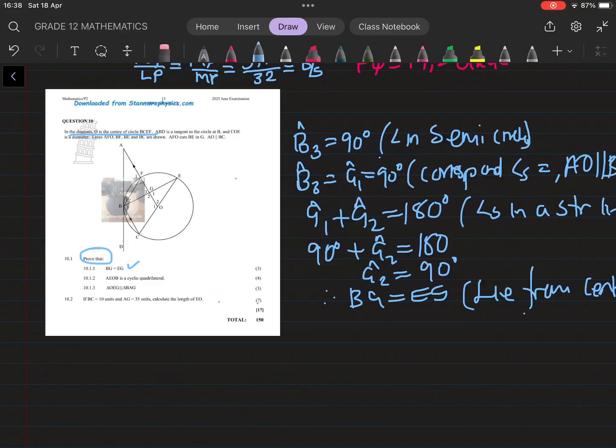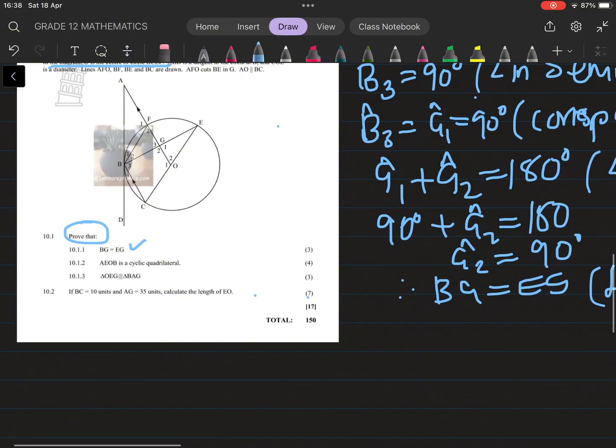Question 10.1.2, prove that AEOB is a cyclic quad. Now, for us to prove that indeed AEOB is a cyclic quad, let's look at it from the diagram.